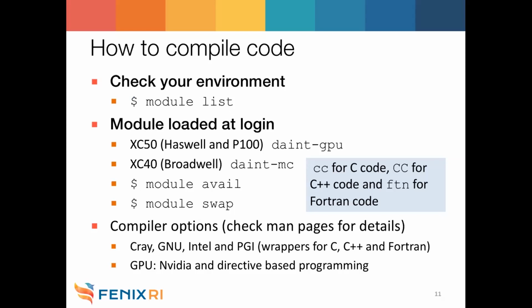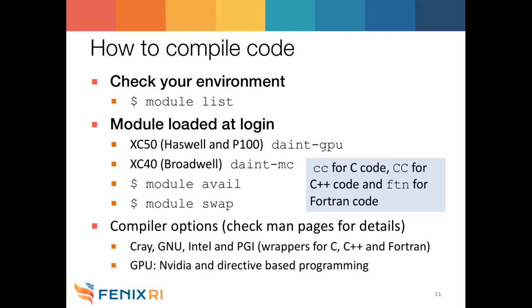The unique aspect here, in a Cray environment, is that it provides wrappers for different compilers. And these wrappers set a lot of default environments. For any HPC user, this is one of the things they like most about the environment.